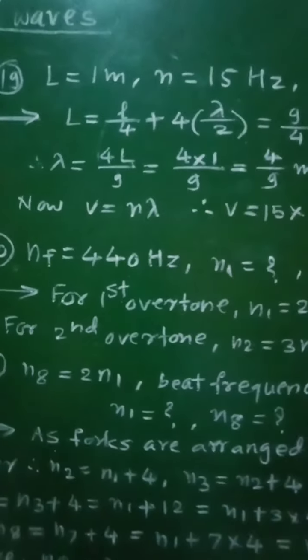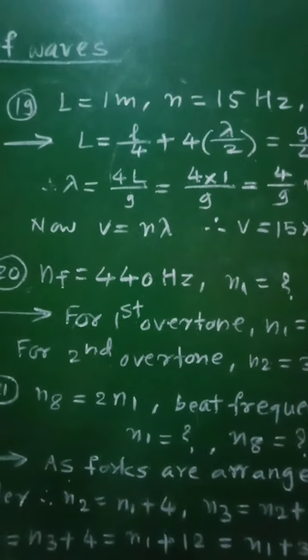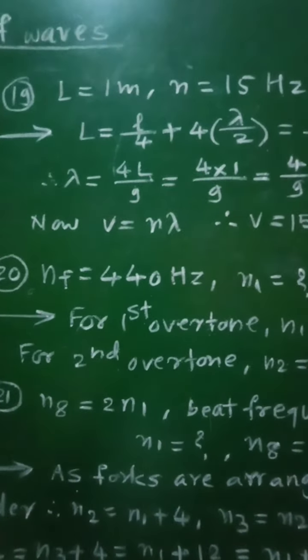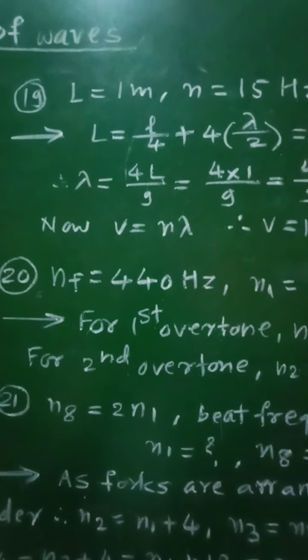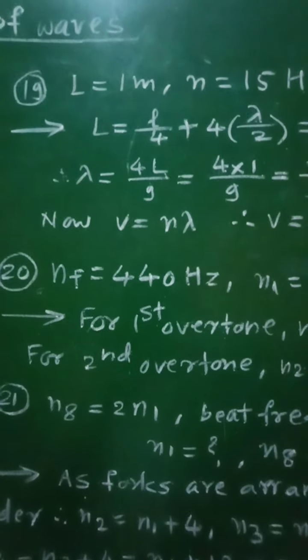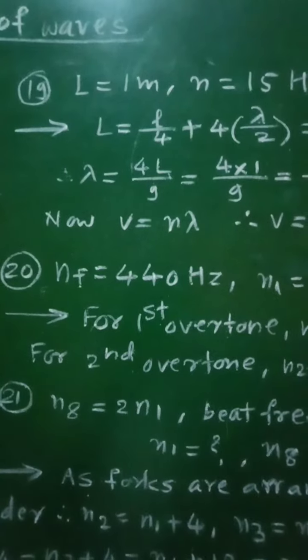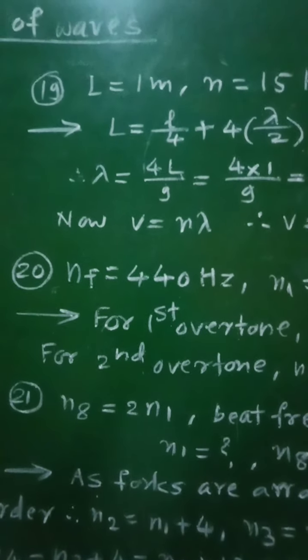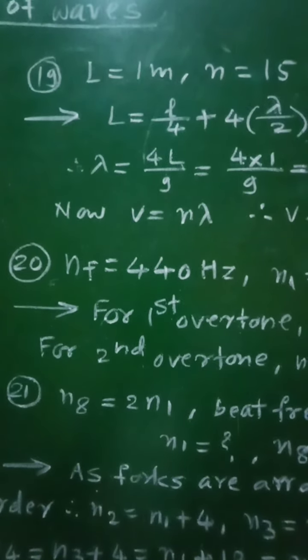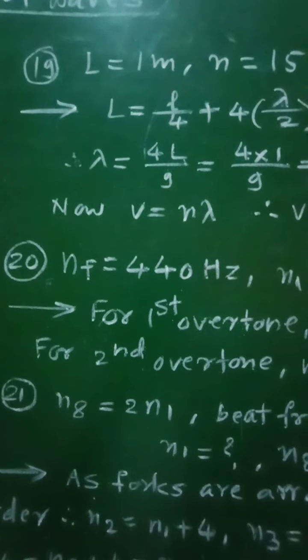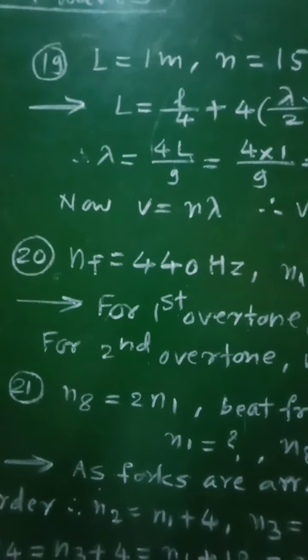Now we will go to the next numerical, question number 19, in which it is given that a string 1 meter long is fixed at one end. The other end is moved up and down with frequency 15 Hz.